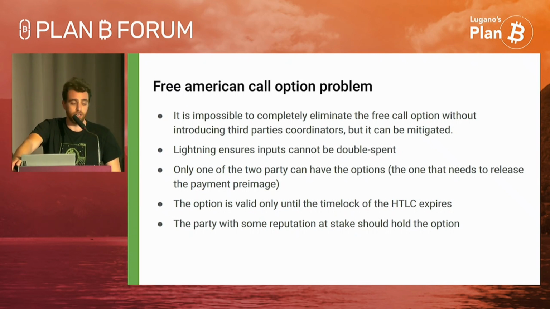RGB supports two commitment schemes. One is with OP_RETURN, which is what we're currently using in this Lightning node. But RGB also supports commitment with Taproot, so you can create the commitment inside the Taproot tree, and in this way it's just another Taproot output.